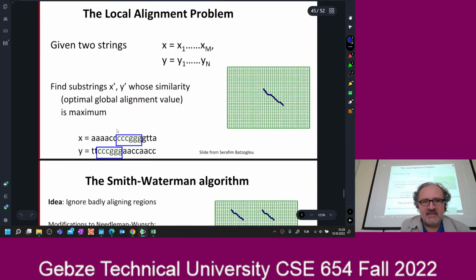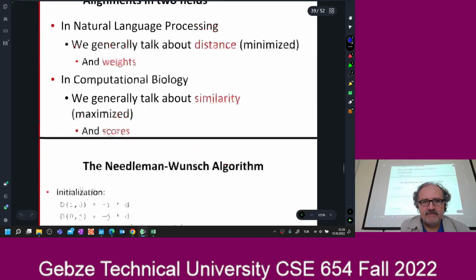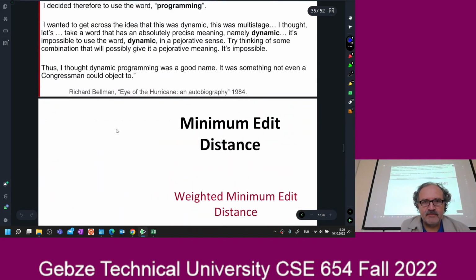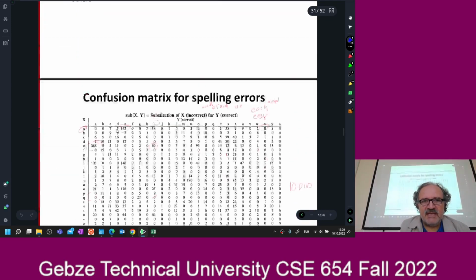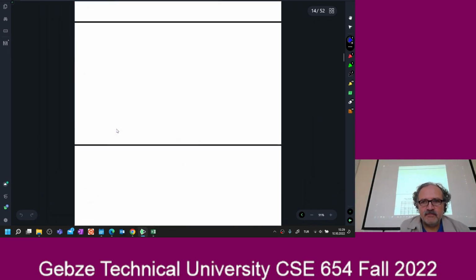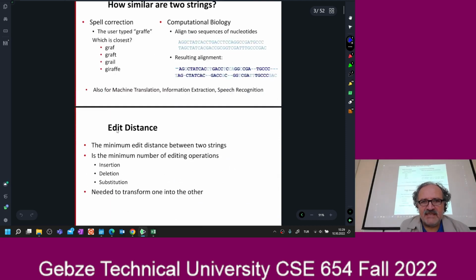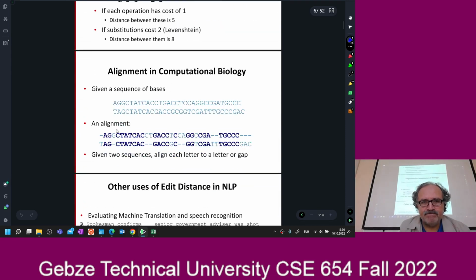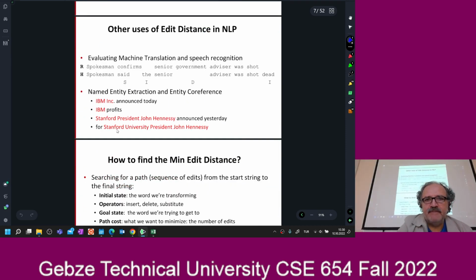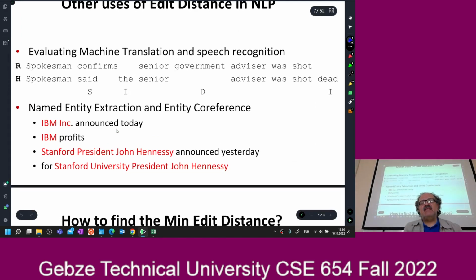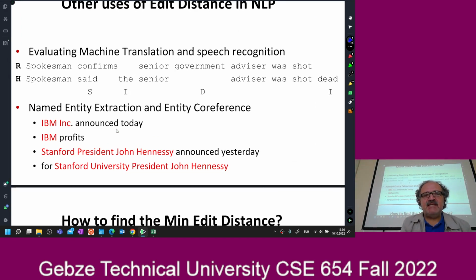Remember what we said about using the edit distance for comparing two sentences? What is the edit distance between these two sentences?